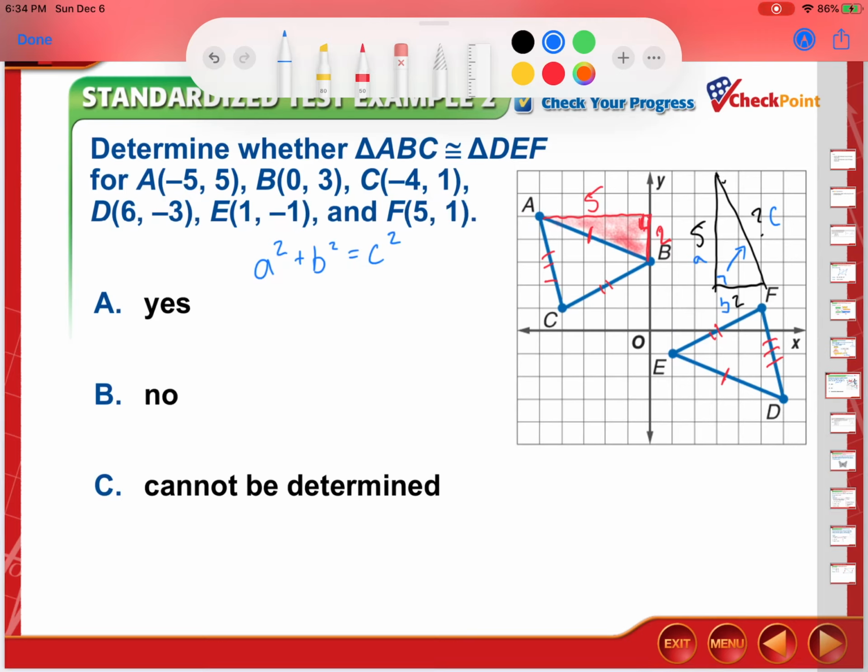Now, the reason I like the Pythagorean theorem so much, and this is actually how I would solve it in my head quickly when we're doing the distance formula on the board, is because it's quicker.